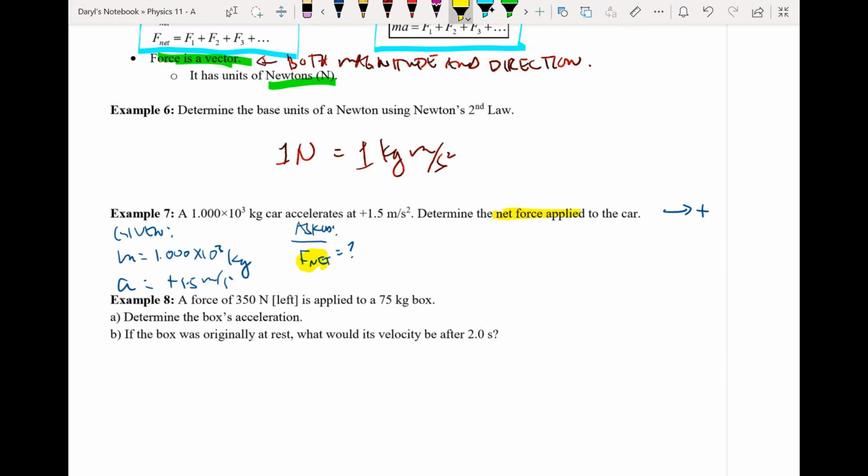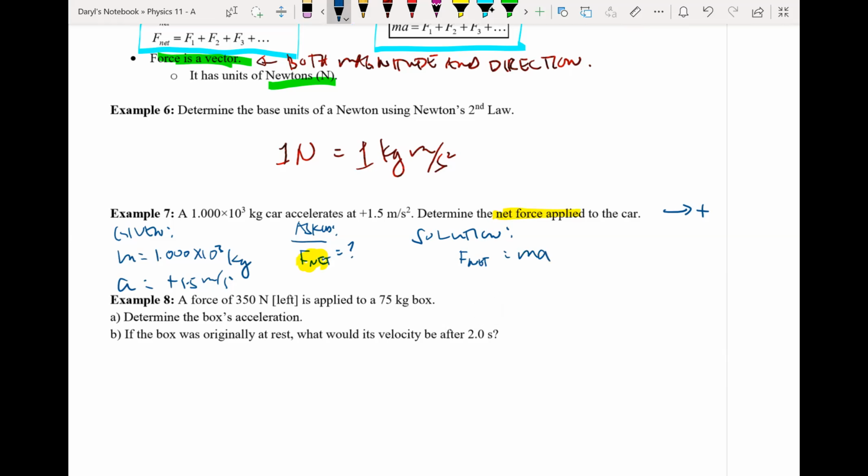Okay. So for our solution, you have acceleration, you have mass. So you can just use the second Newton's law, F net equals ma, and solve for the F net.